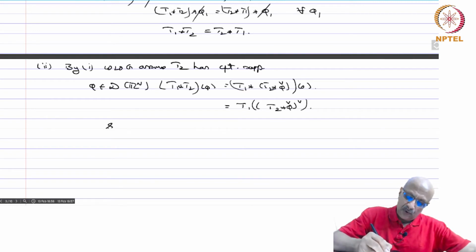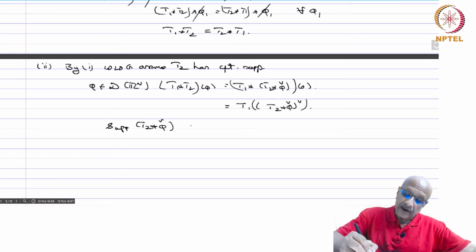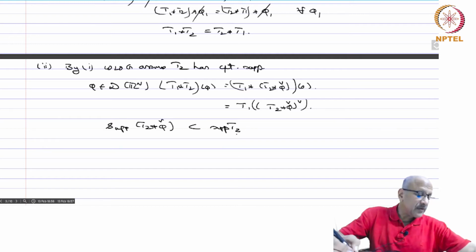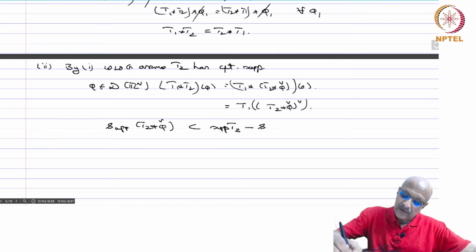But what is the support of T2 star phi check? This is contained in the support of T2 plus the support of phi check, which is minus the support of phi.